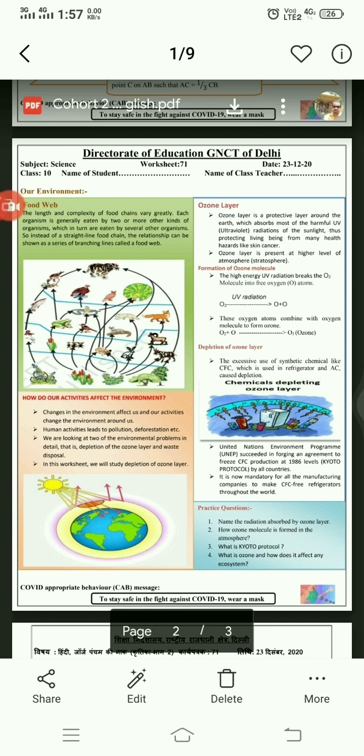Again, that CFC will block that reaction and only destruction of ozone takes place, and formation of ozone does not take place. Because of that, the concentration or the amount of ozone decreases, and that decrease eventually leads to decrease in thickness of the ozone layer.